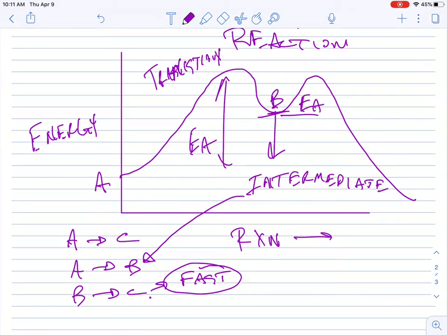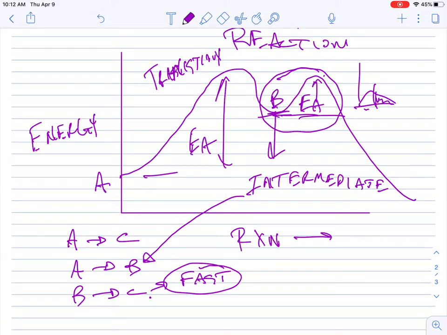This is where activation energy fits in. This has a much lower activation energy than the first step, so this reaction is going to take place very quickly. At that temperature, because it has a low activation energy, a lot of the molecules are going to be above that activation energy threshold, and the reaction is going to take place very quickly.